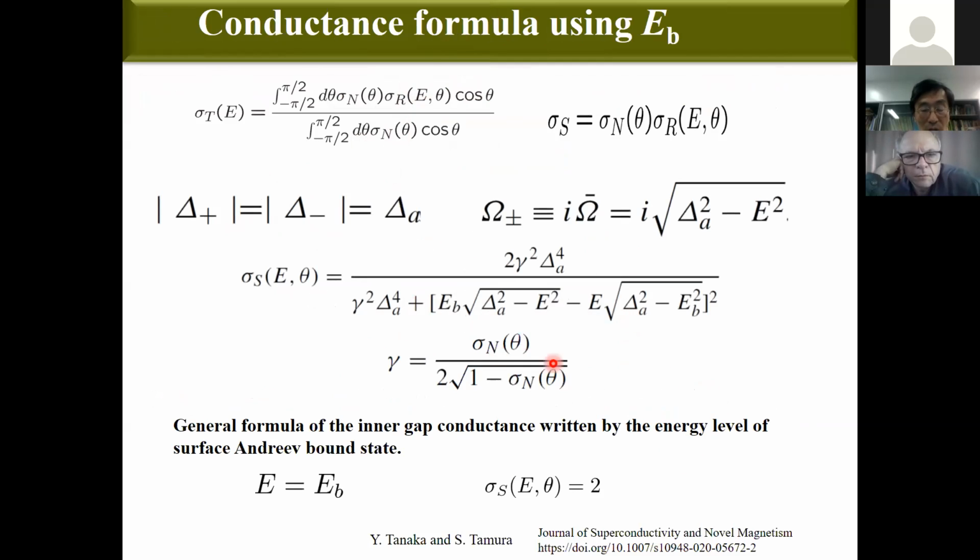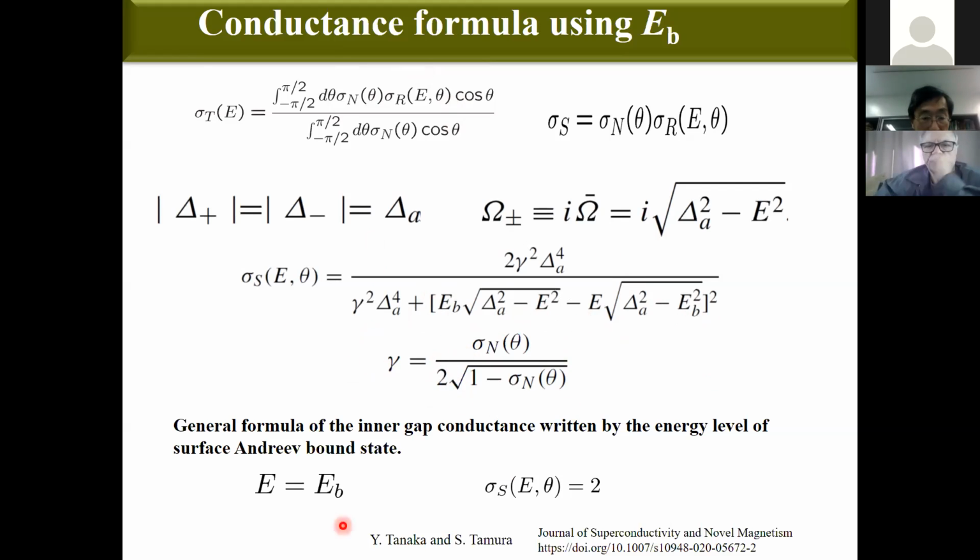If this condition is satisfied, the charge conductance sigma s is sigma n times sigma r, an important factor in the numerator. It is given completely analytically, and gamma is a function of the transparency in the normal state, and EB is the position of the Andreev bound state.